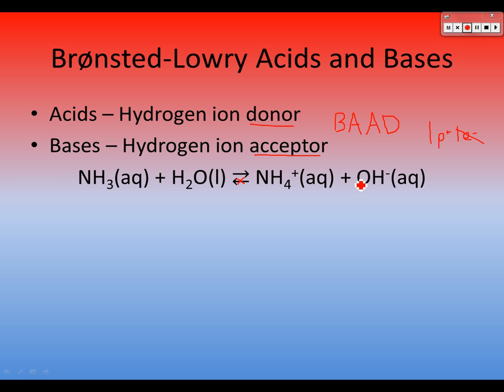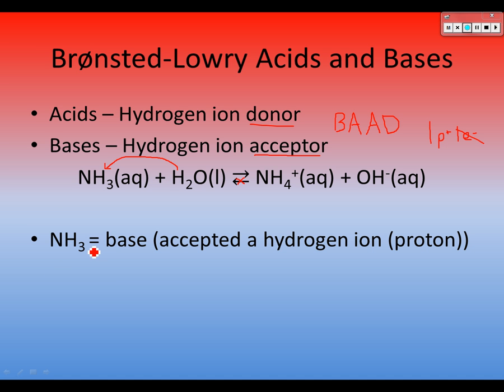So you think, okay, base, except that it's not the ammonia forming the OH. It's actually the water forming the OH, because the water is giving the hydrogen to the ammonia. So as you can see, the ammonia is getting a hydrogen ion, which makes this the ammonium ion. This is then an ion. The water is donating and the NH3 is accepting that H+.